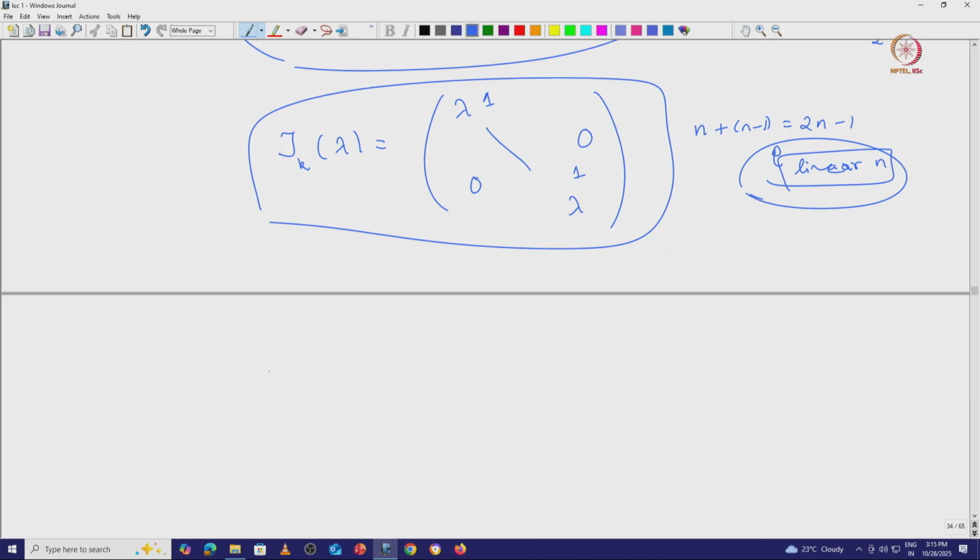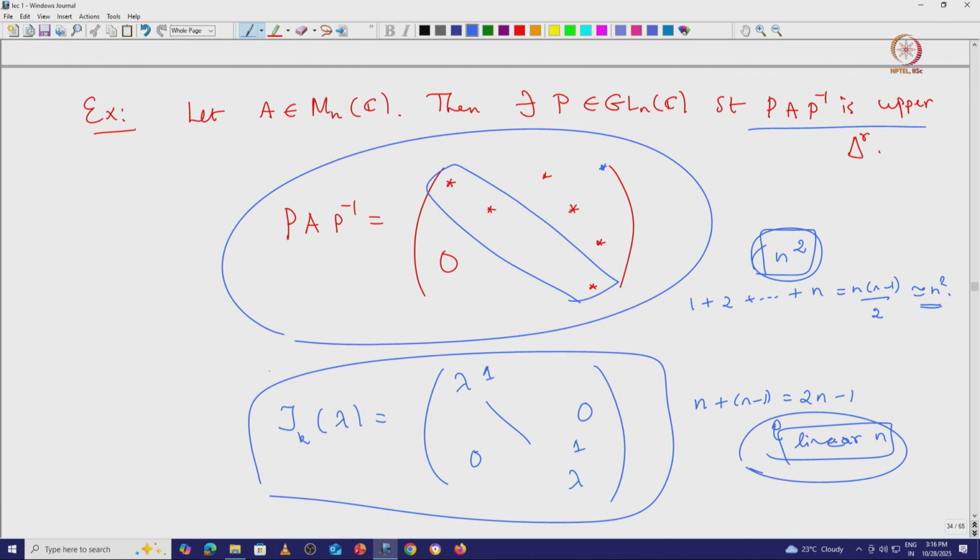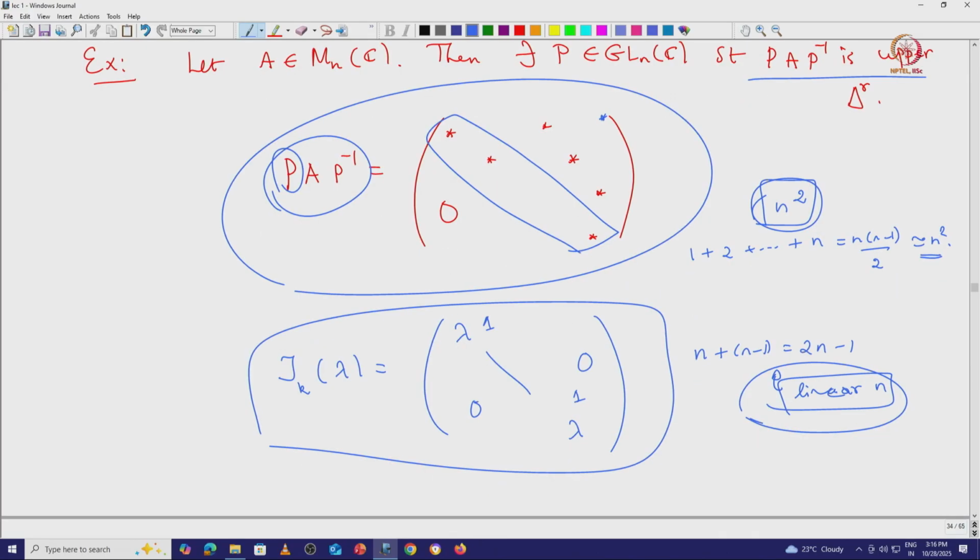So, as far as computation is concerned, Jordan forms are somewhat more elegant. But the problem is achieving the Jordan form. We need to look for an invertible matrix P so that P A P inverse is a Jordan form. Finding this P becomes complicated in practice, but for all theoretical purposes Jordan forms are very nice.